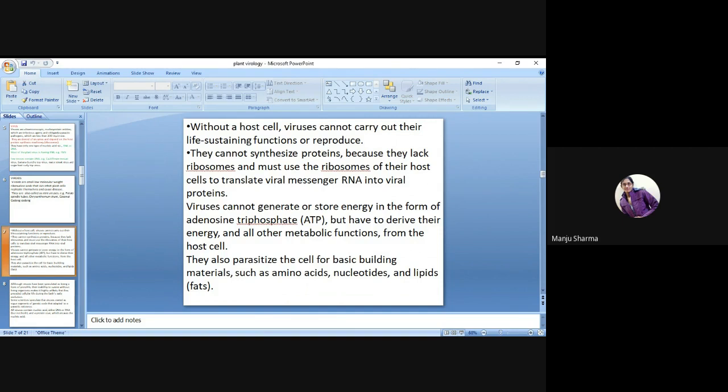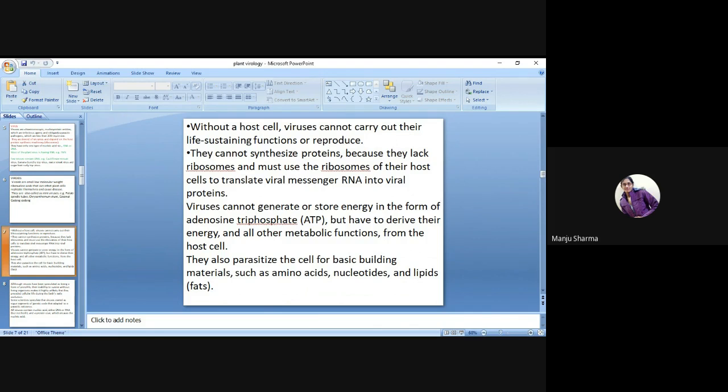Viruses cannot generate or store energy in the form of adenosine triphosphate, ATP, but have to derive their energy and all other metabolic functions from the host cell.